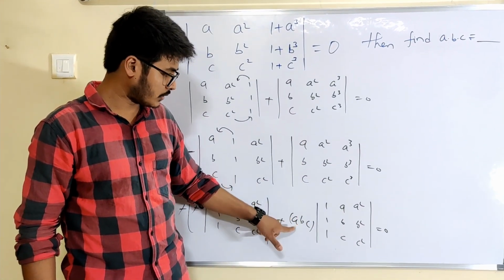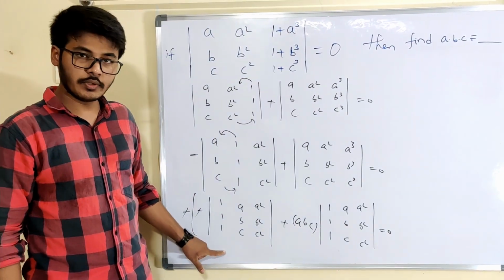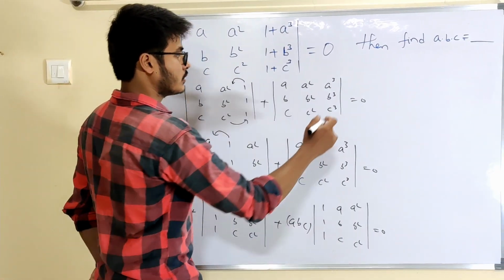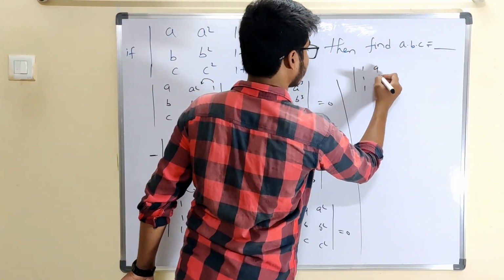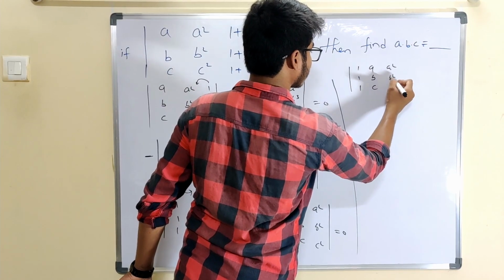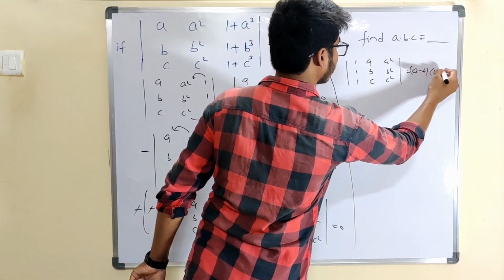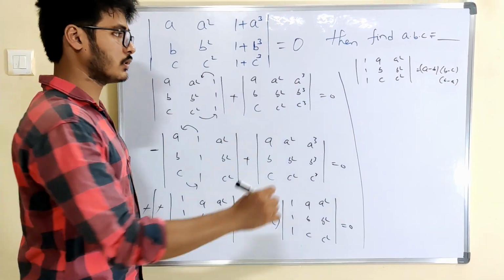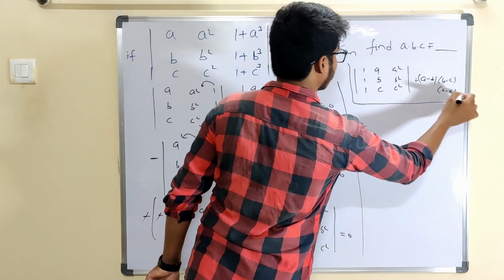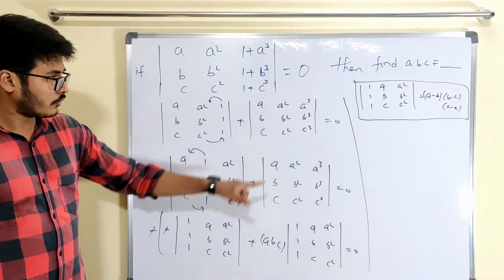So here it comes as abc into the determinant. We know that the determinant of this is (a minus b) into (b minus c) into (c minus a). As we know from the previous example, the determinant for this is this. So we substitute that here.